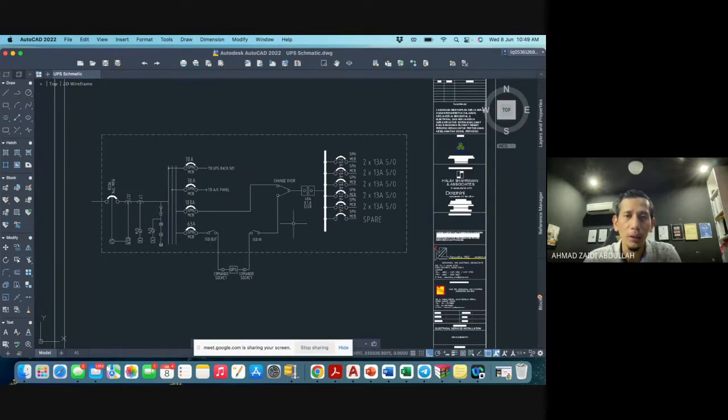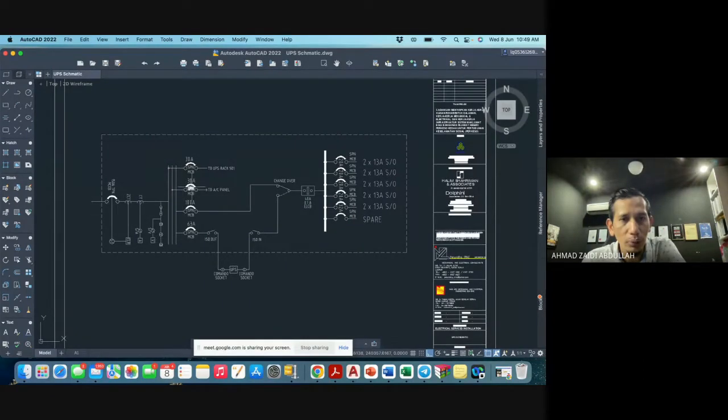Okay. And then we must have the changeover, which is switching. Switching from the TMB and from the UPS. This is sample of the connection or schematic diagram. And then if you can see, this is from the main supply.